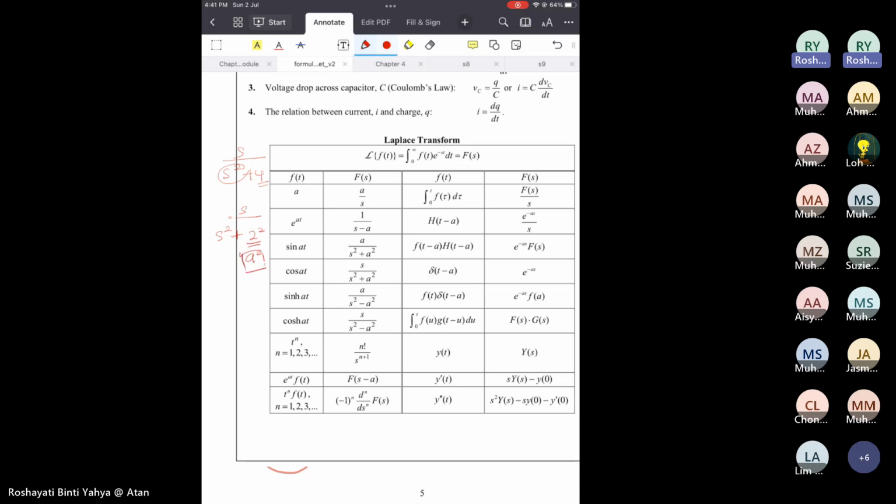Boleh tak ni? Boleh, doktor, boleh. Saya nak tengok. Tak boleh tengok attendance. So mana bersesuaian? 1, 2, 3, 4, 5, 6, 7. So it is cos At.